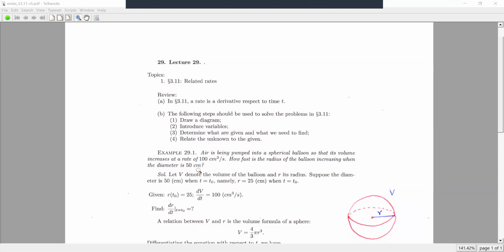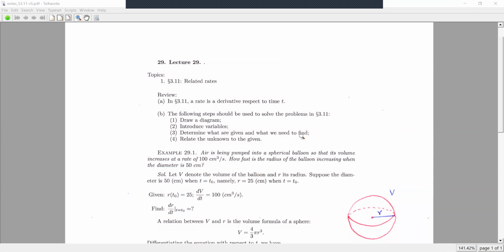Let me denote that instant by t0. That is, when time is t0, the radius is 25. Moreover, the volume of the balloon increases at a rate of 100 cubic cm per second. That is, the derivative of the volume is 100. These are all given to us.